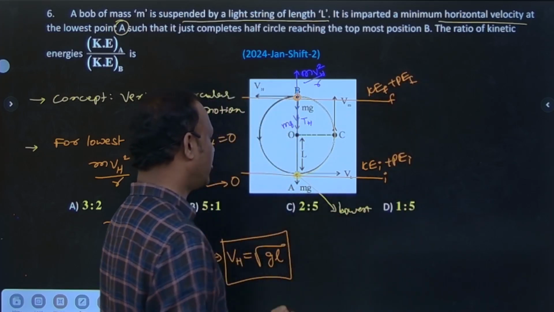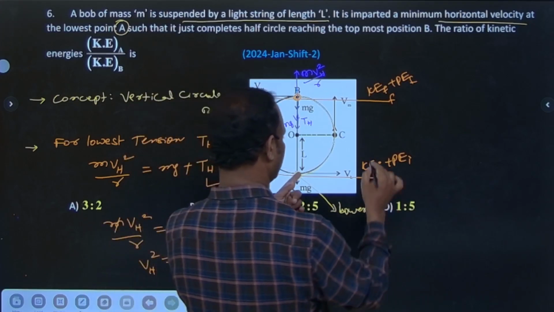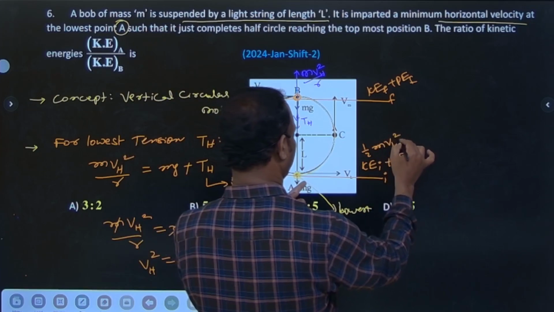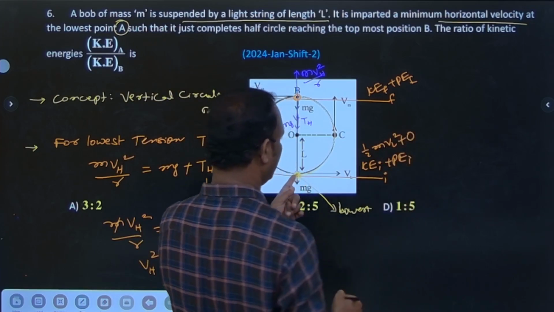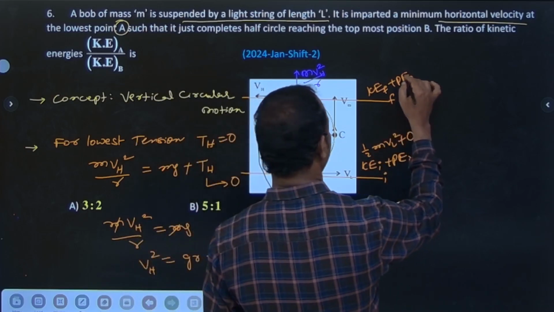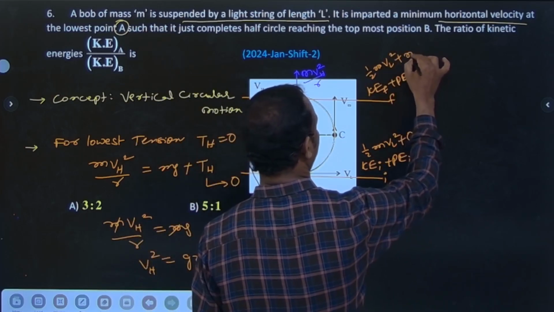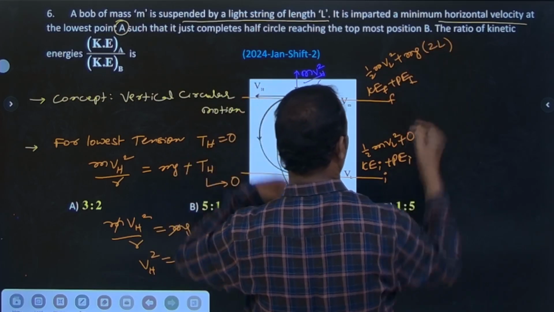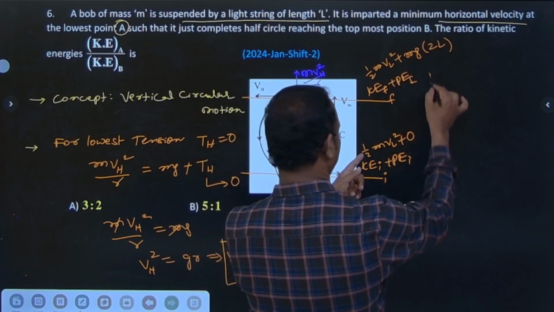Kinetic energy initial is half m vL square, and potential energy is 0 at ground level. Final potential energy is mg times h, where h is L plus L, which is 2L.